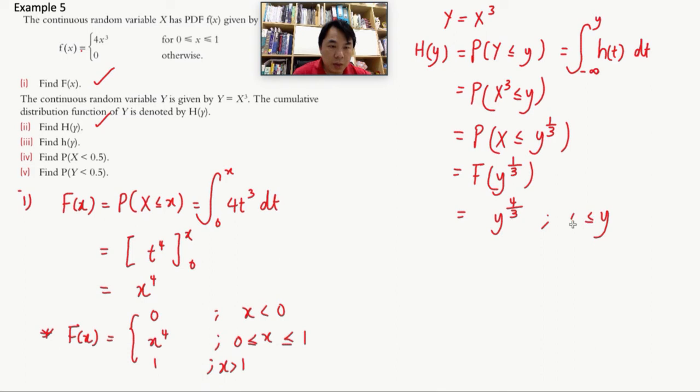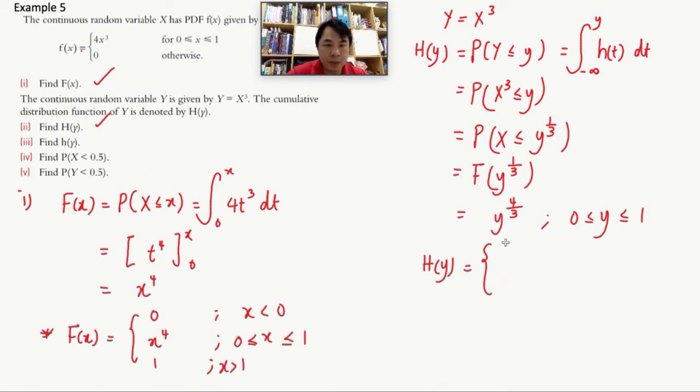The y still lies between 0 and 1, because 1 to the power of cube is still 1. And finally, before we end here, you must remember to write down the full description of the cumulative distribution function that represents the continuous random variable y.